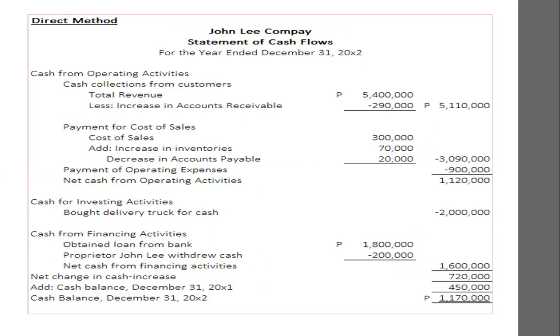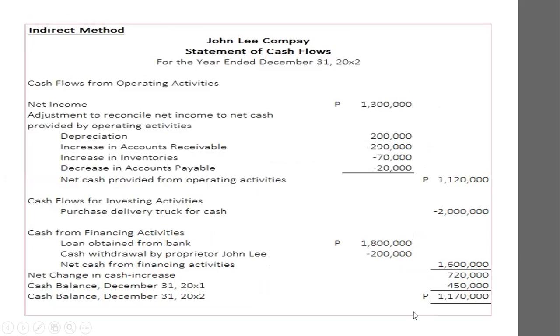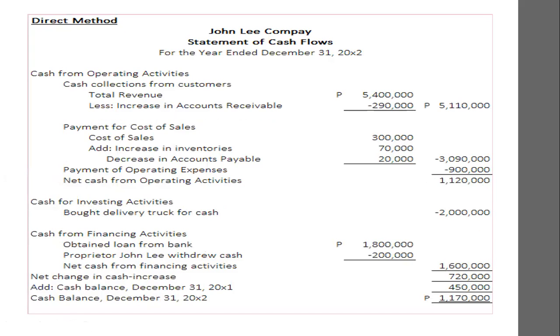Okay? So far, ang pinagkaiba lang sa indirect method at direct method sa given exercise ay sa operating activities. Pero the rest, investing activities and financing activities, same lang. Okay? So, I hope clear po tayo sa ating naging discussion.